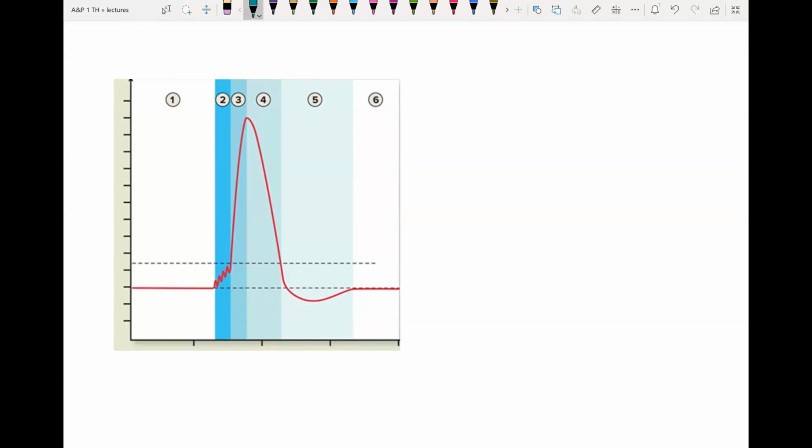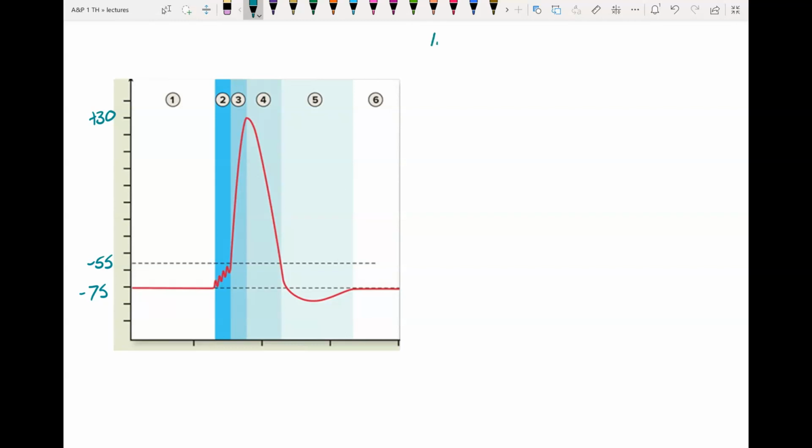We're going to start off, here's our voltages. So this is -75, our resting. The dotted line is -55, which is threshold. Up here is +30. So those are the 3 voltages we're going to deal with. So we begin step 1.